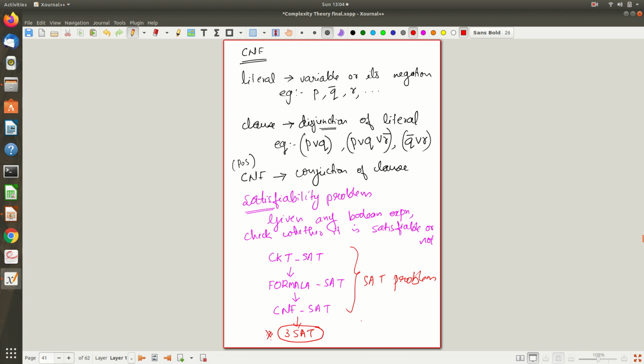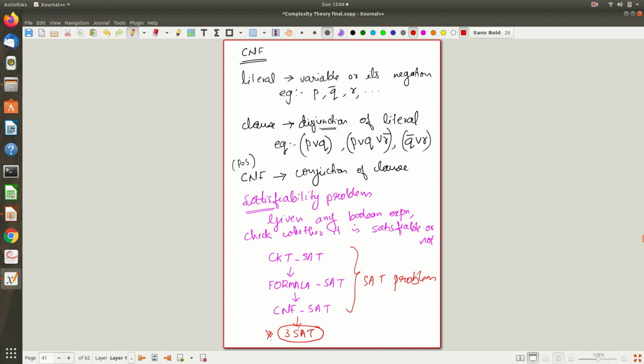And how this general satisfiability problem can be mapped to 3 SAT: basically any Boolean expression you have to convert into 3 CNF, that's all. I will explain how we can do it now. And using 3 SAT, how we can solve other problems is what we are interested in, and one such reduction is given in your syllabus also, that is the clique reduction, which we will see maybe in the next video.